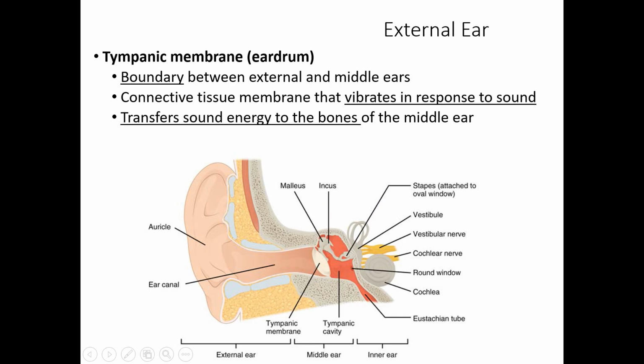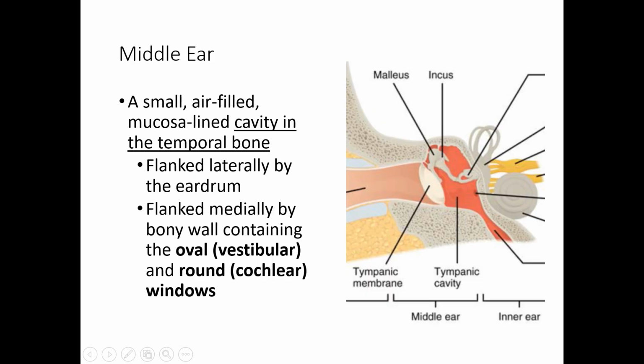The tympanic membrane itself, or eardrum, is made of connective tissue membrane, and it transfers sound energy, sound waves, to the three bones of the middle ear. The middle ear is a small cavity, usually just one cubic inch in size. It doesn't have any fluid inside.